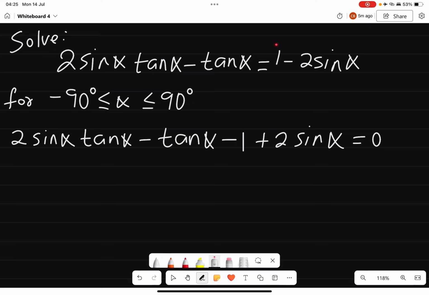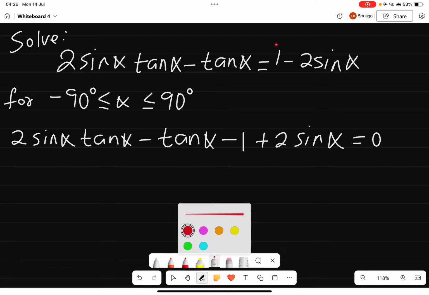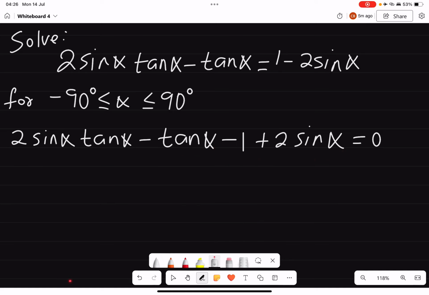Now we need to group the terms. When I see 4 terms, I always think of grouping. So the first 2 will go together and the last 2 will go together. On the first part, we can see that tan alpha is the common factor.